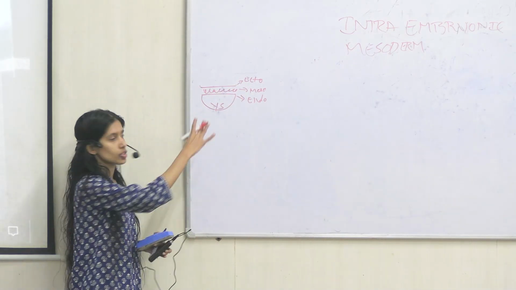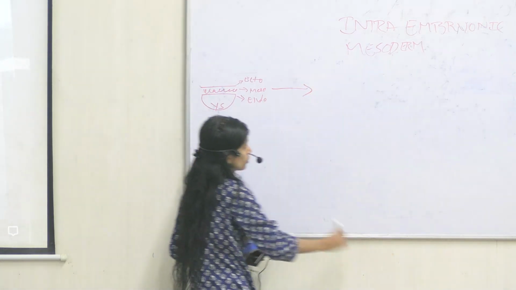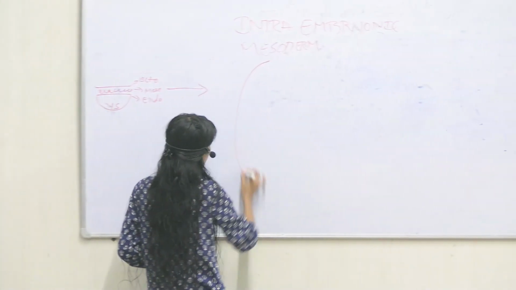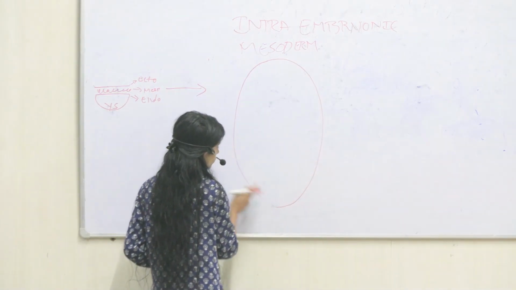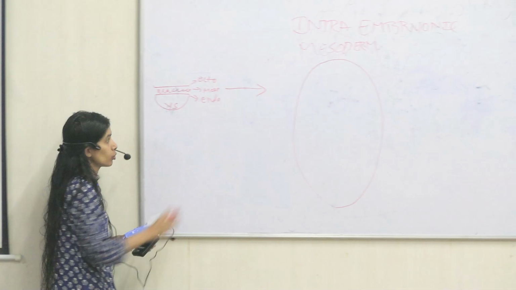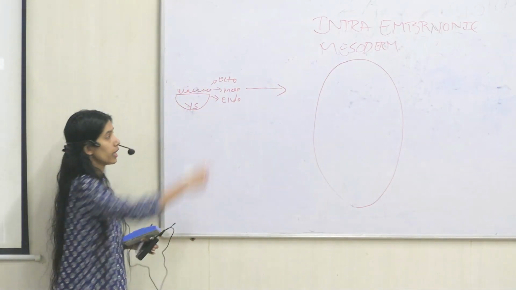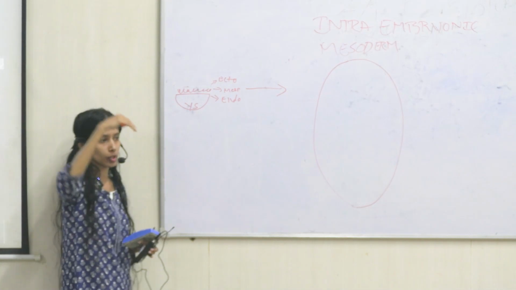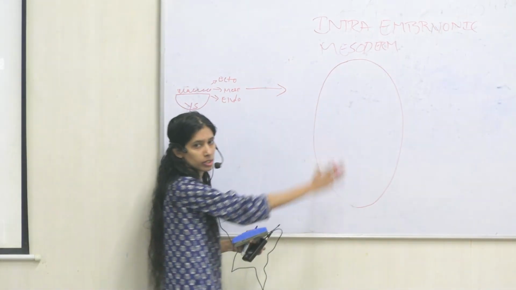Once I watch this structure from the top view, this is how exactly the structure will look. So this is going to be your entire mesoderm part. We are removing the amniotic cavity followed by the ectoderm also, and watching from the top view. So we have the mesoderm.